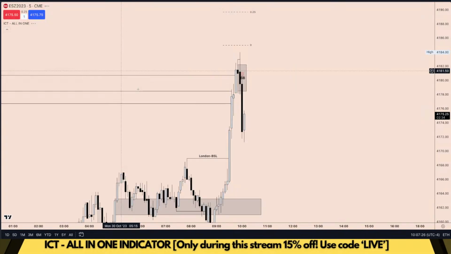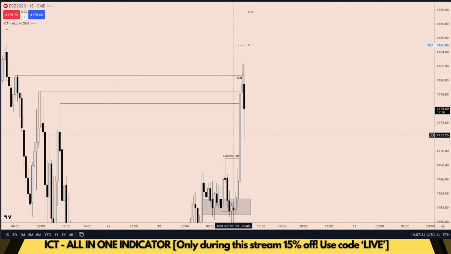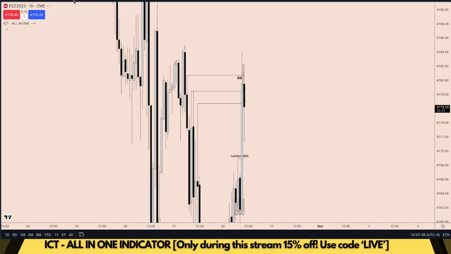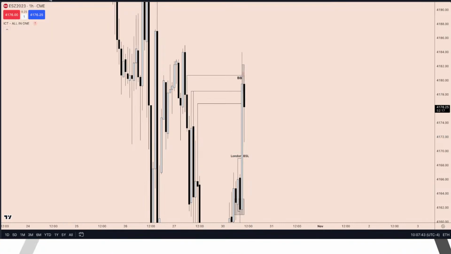Because right now, all we did was reprice into a 5-minute bullish fair value gap, volume imbalance, another 5-minute bullish fair value gap, a big 15-minute bullish fair value gap. On the 1 hour, we just had a strong expansion, so a little pullback is healthy, really.